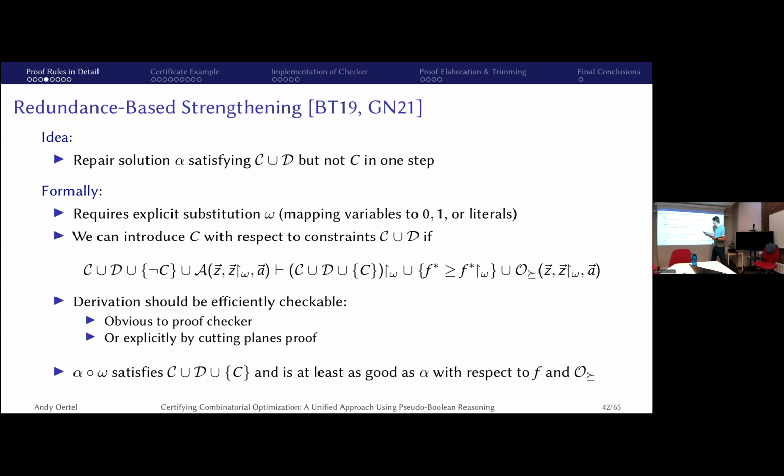And our order doesn't get larger, so it is at least as good with respect to our order. So we know that any solution that is falsified by C can be patched up, resulting in a new solution where we satisfy all the constraints and that is at least as good with respect to order and objective.